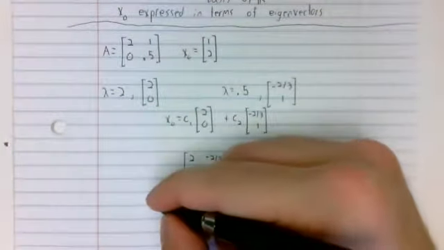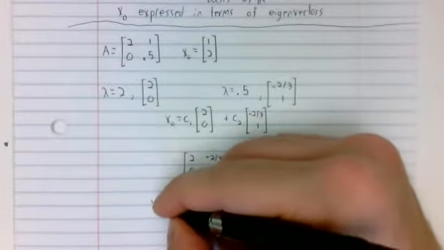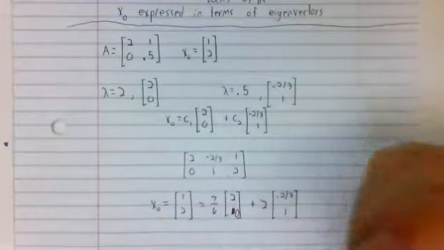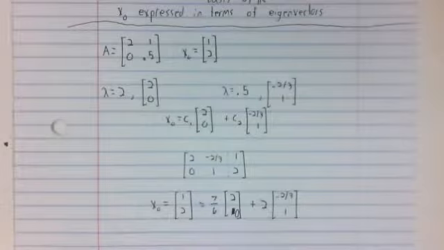And remember that this vector 1, 2 is x sub 0.